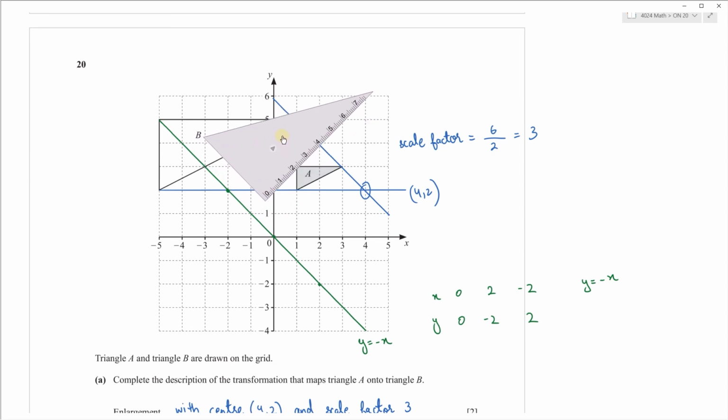So now I will measure my perpendicular distance of this vertex here to this line y equals minus x. So let's do that. I'll place my 0 here. So this is almost 3.6. So let me actually draw this line as well. So this is 3.6.